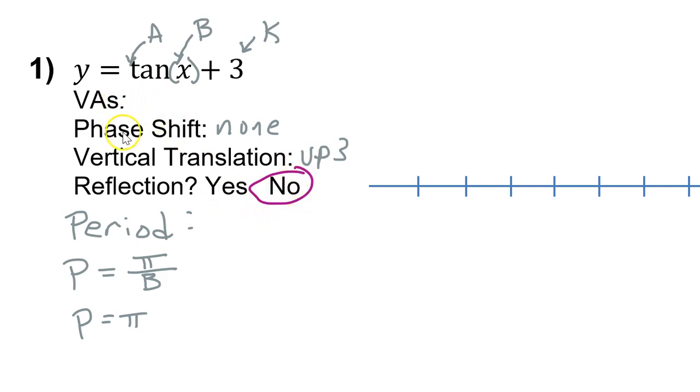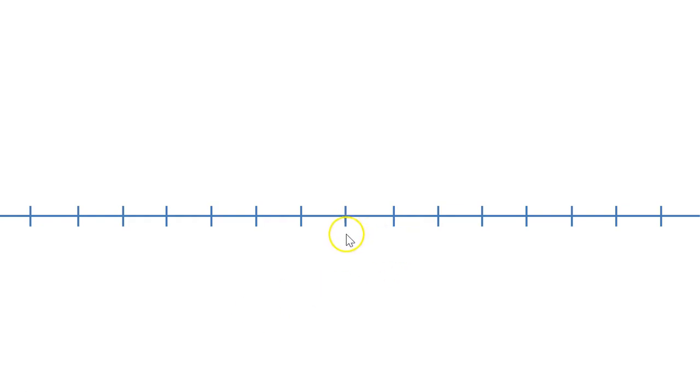Okay, I say we go ahead and start doing the graph, and then we'll look back for vertical asymptotes later. Remember that the standard function, if there's no phase shift, starts at 0. So I say we put 0 right in the middle of our graph, knowing that the tangent is going to start from here.